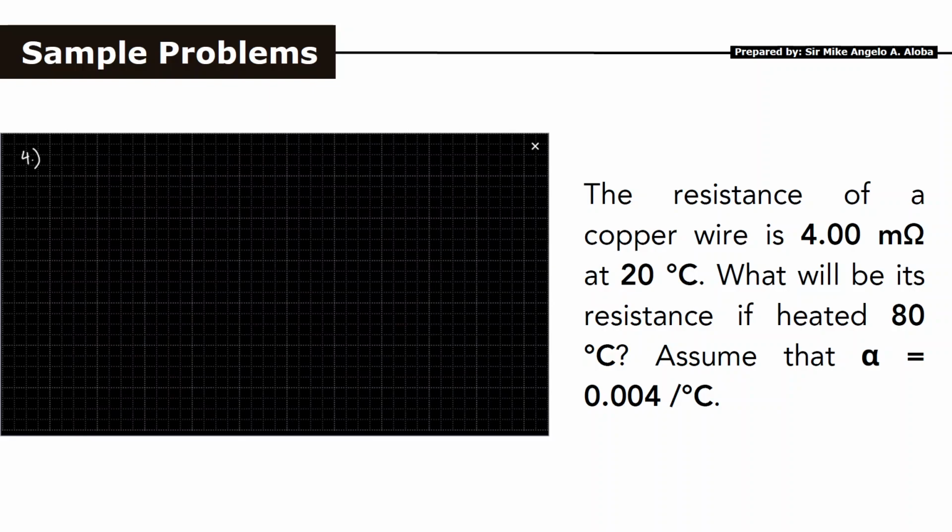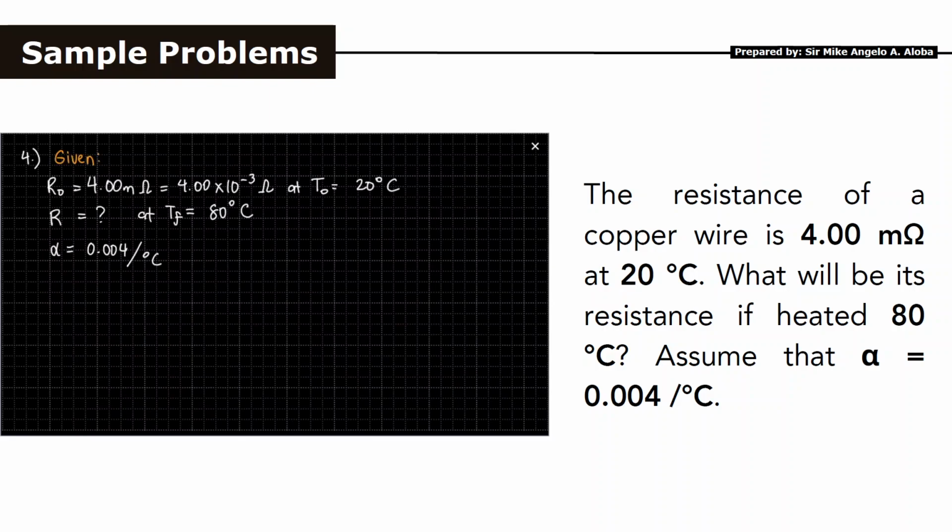So we write the given again. We are given the initial resistance, R naught or R sub 0, which is 4 milliohms, which can be converted as 4 times 10 raised to negative 3 ohms at an initial temperature of 20 degrees Celsius.